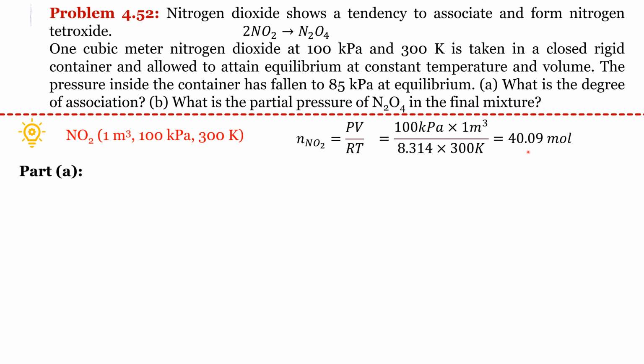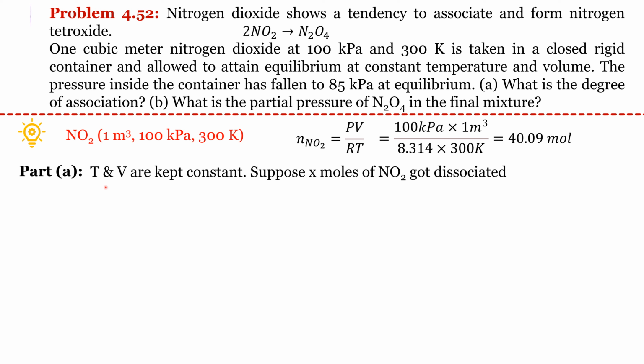Now in part A, we need to find the degree of association. We know that temperature and volume are kept constant, and we are assuming that X moles of NO2 got associated. Now we can write the chemical reaction.